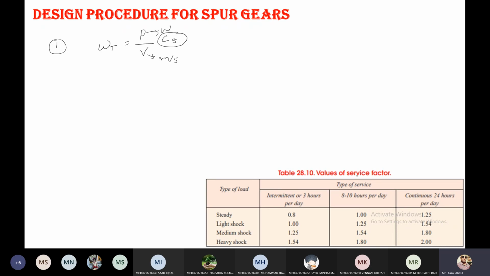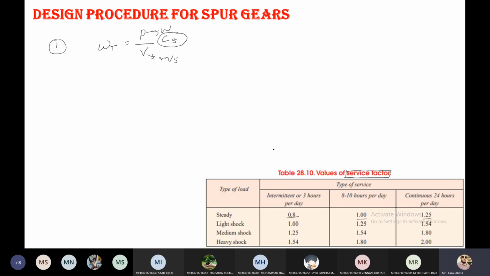We select these values from the table based on the utilization and the type of load applied on the gear, like steady load for 3 hours, 8 to 10 hours, and 24 hours.